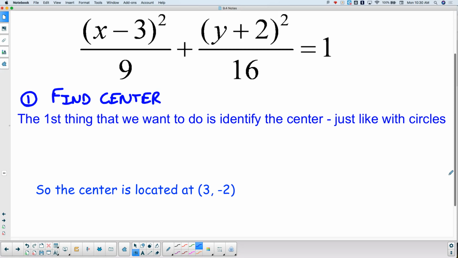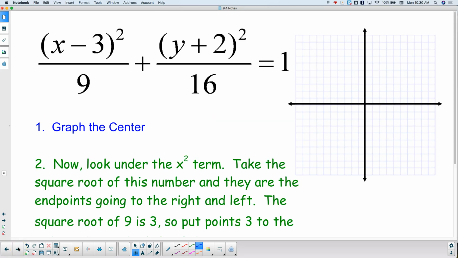Okay, so that hasn't changed. Inside parentheses, we think opposite. Okay, -3, think opposite is +3. +2, think opposite, -2. Okay? So step number 1, done. Found the center. So I'm going to plot that point or graph that point on my graph.